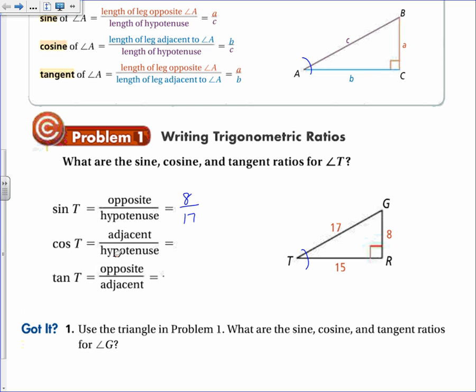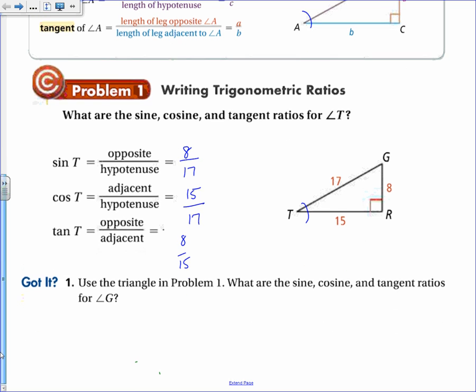Cosine is the adjacent, the next to leg, which is 15, over the hypotenuse, which is 17. And the tangent of angle T is the opposite leg, which is 8, over the adjacent leg, which is 15. So that gives you 8 over 15.